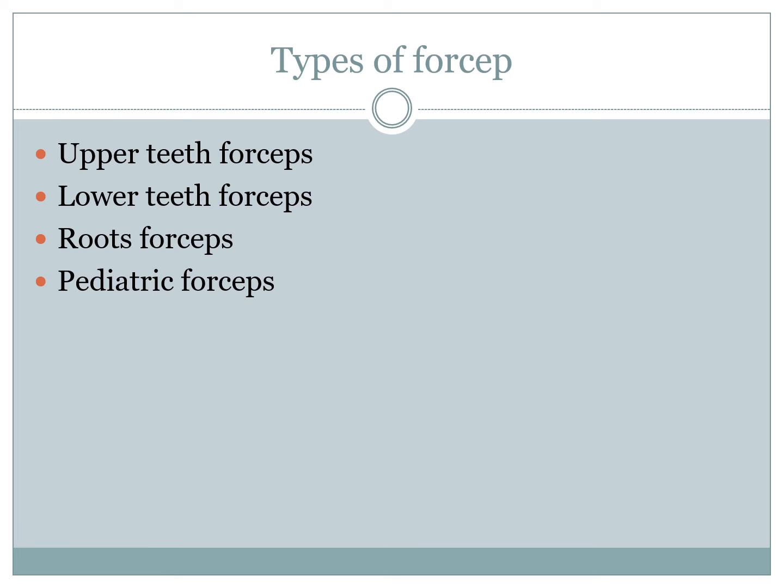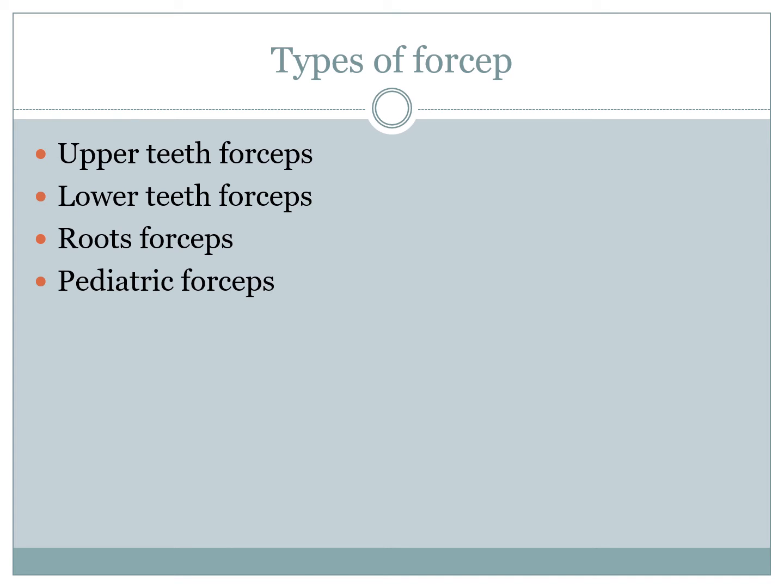So the types of forceps: for the upper one, maxillary, and lower one, root forceps, and pediatric forceps are there. Upper forceps, the shank and everything will always be the same, and sometimes for the posterior, a little bended one. So how can you differentiate the upper one from the lower one?